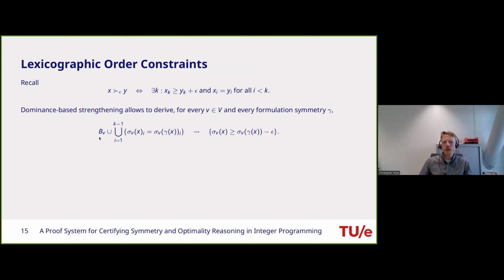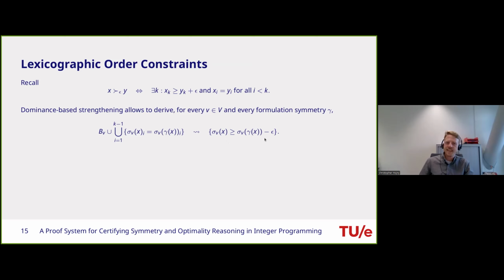If we are feasible at the node V of the branch and bound tree, and with respect to this locally adapted lexicographic order, where we reshuffled the variables, we agree on the first k minus 1 entries, then we can use the dominance-based strengthening rule to derive that, under the assumption on the left-hand side, I can satisfy the following constraint, namely that the kth position of the reshuffled vector x is at least as large as the kth entry of gamma of x minus epsilon.